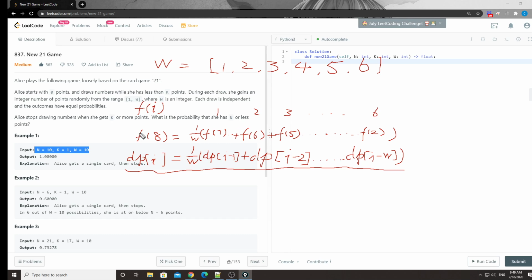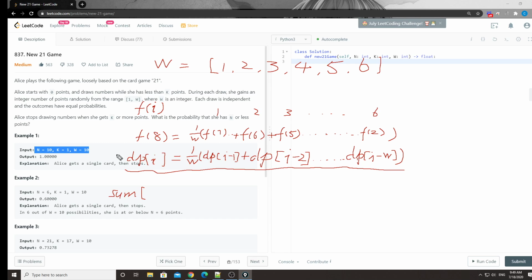It means that the final result for us is from k to n, because we have to get the probability of k or above first. Otherwise, if the points are below k, we'll keep drawing until we reach k.